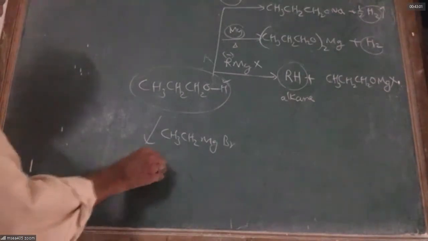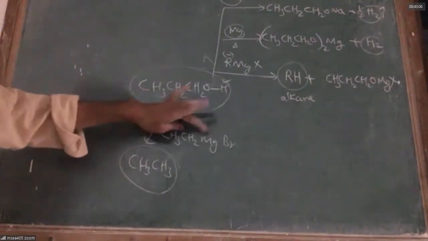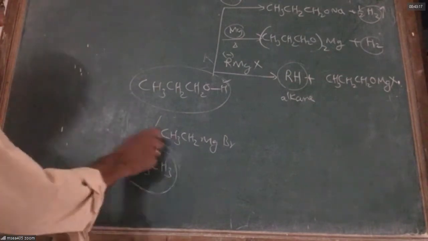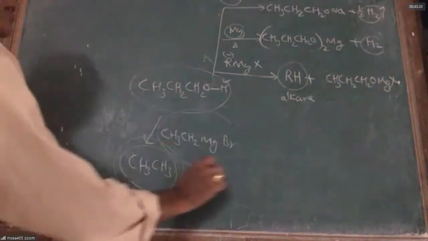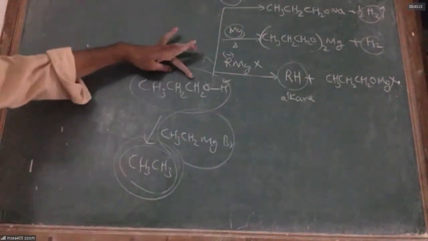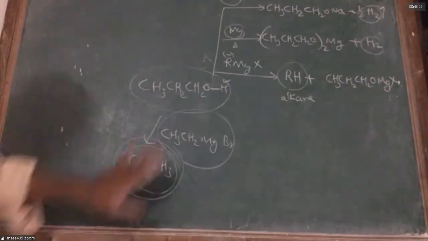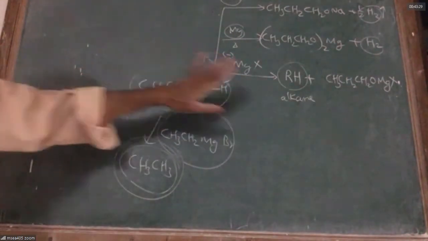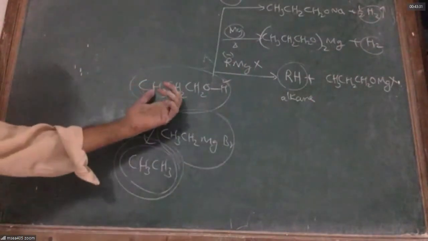You get only ethane. I get as many carbons in the alkane as are there in the Grignard. Alcohol has nothing to do with that. Grignard reacts with alcohol to give alkane. In this reaction, alcohol gives H plus. It is an acid. Is that fine? Yes, sir.